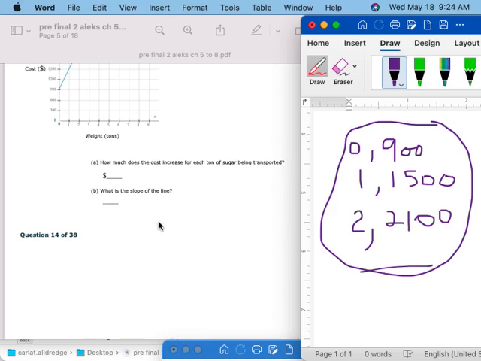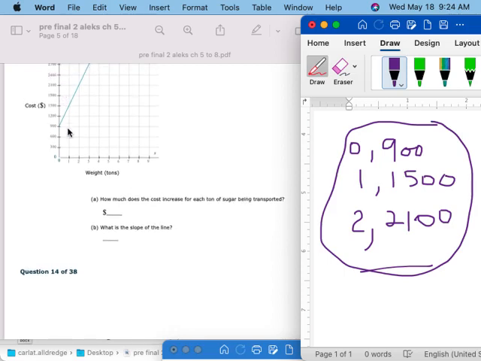Okay, what is the slope of the line? Since it's changing 600 for each ton, what is the slope? What's the rise over the run? The rise is 600. It's the difference in the y's over the difference in the x's. That's your slope.